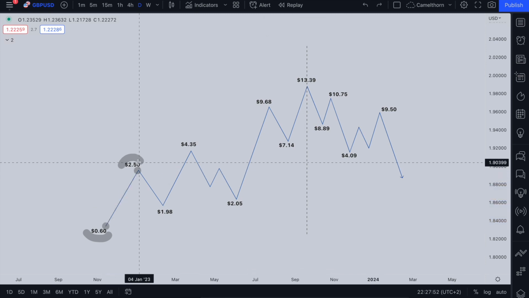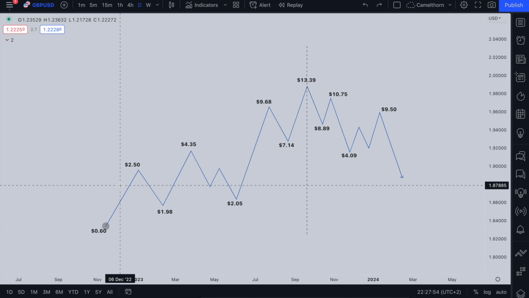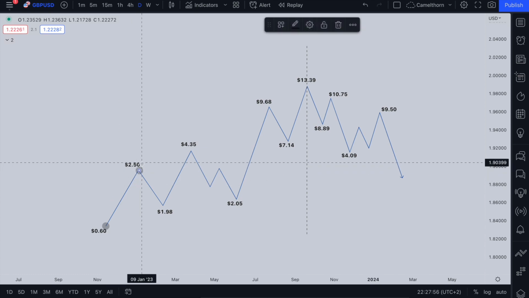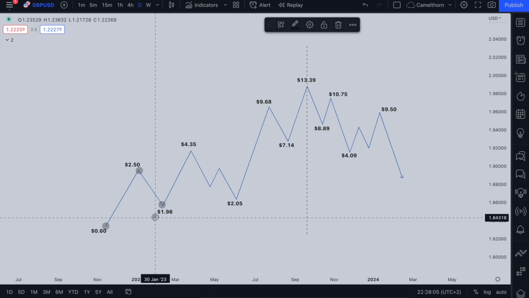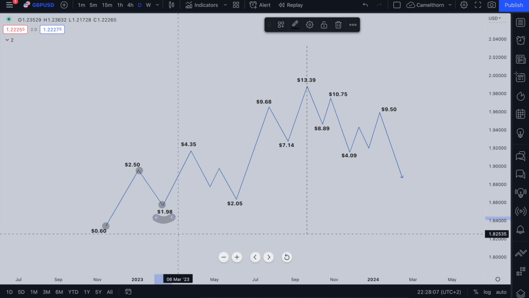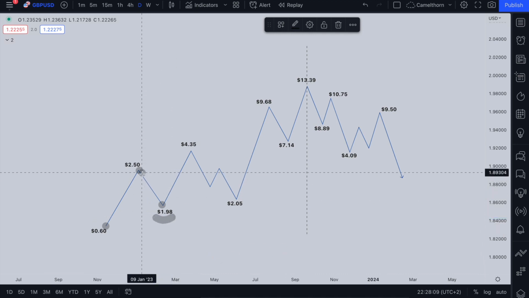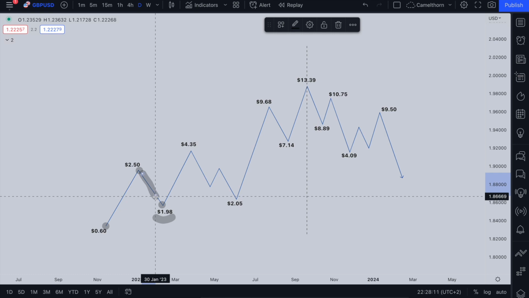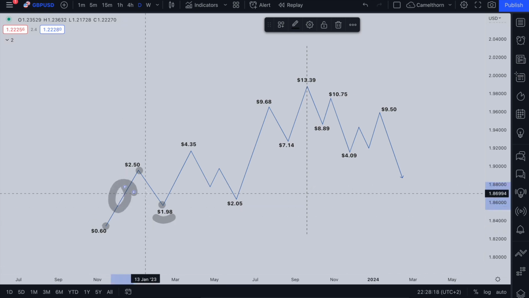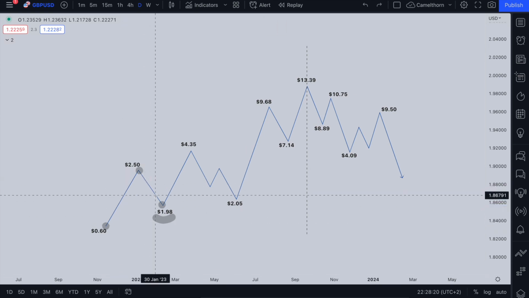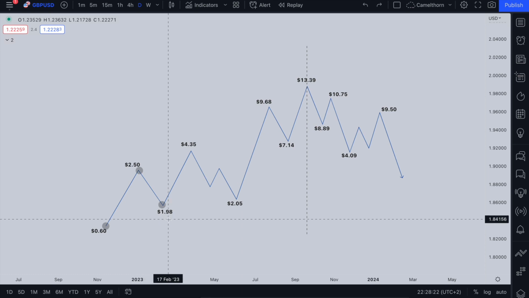Okay. After price action puts in this new high, essentially at $2.50, we have a period of relief that brings price down to $1.98. So what we have now just experienced here is a period of correction, or a period of corrective price action, essentially relieving this bullishness, and it has brought price down to $1.98.